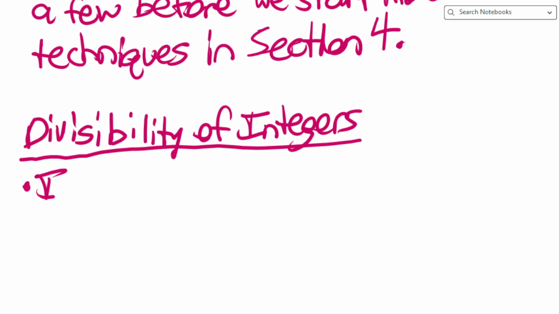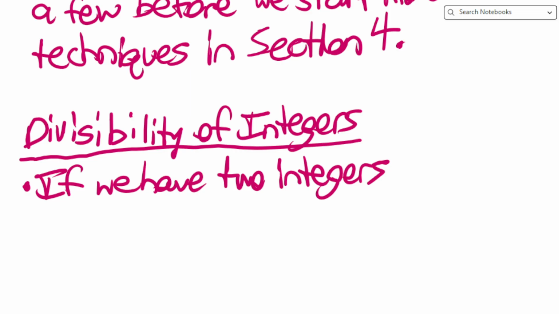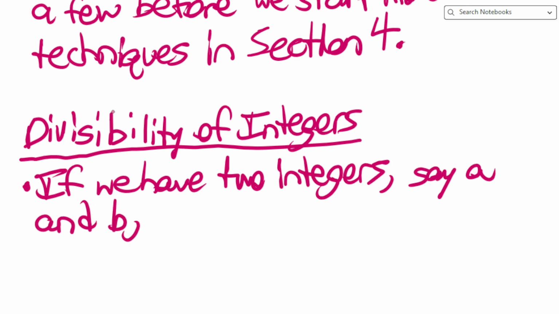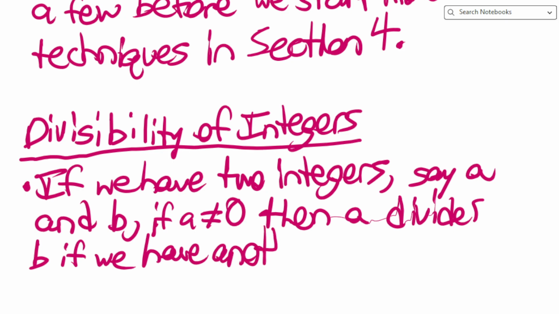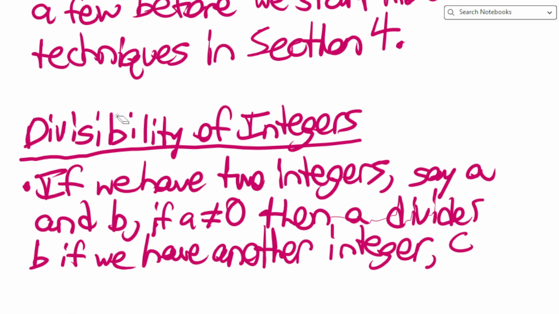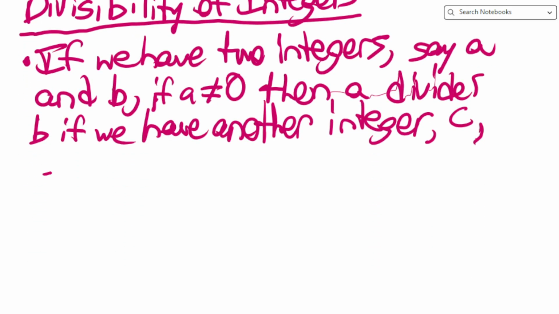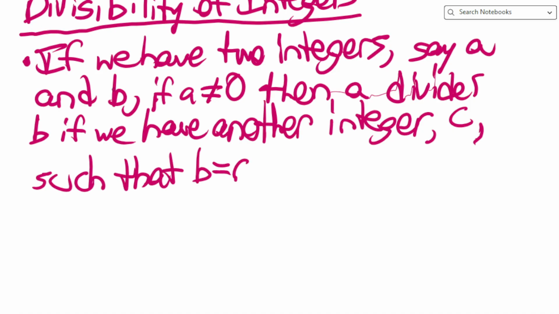So, if we have two integers, say A and B, if A does not equal 0, then A divides B if we have another integer C such that B equals AC.